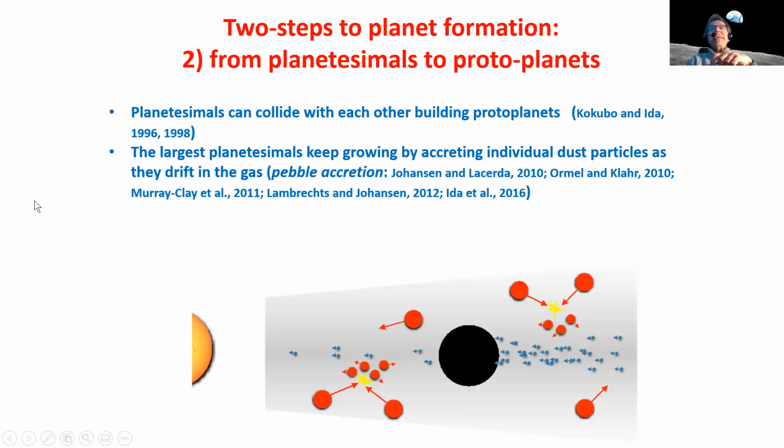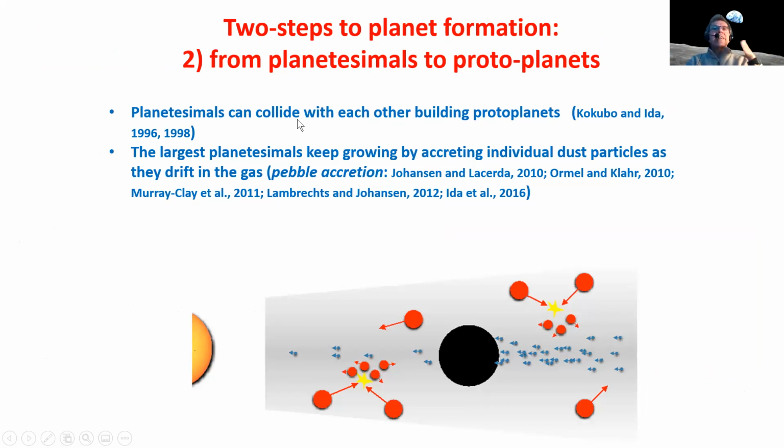So from our ignorance about planetesimal formation, we can now try to build the second step of solar system formation, which is the formation of the planets, or at least the protoplanets. So going from the planetesimals to the protoplanets. And here there are two processes which have been envisioned, both of which have to work to some extent.